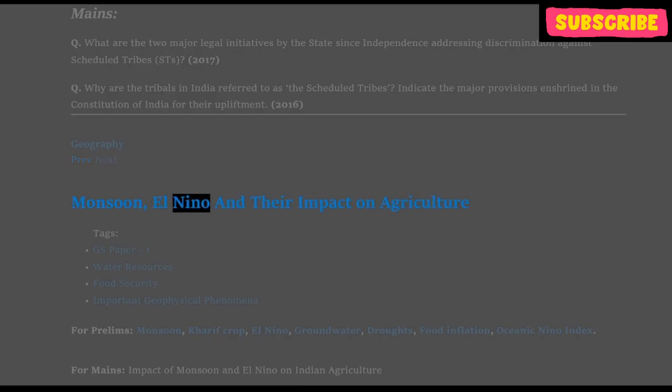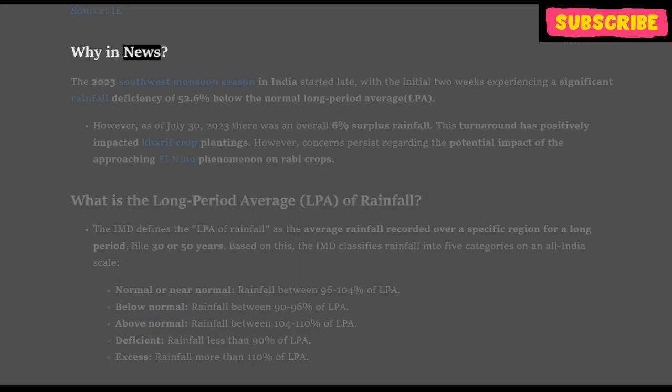Monsoon, El Nino and their impact on agriculture. Why in news? The 2023 southwest monsoon season in India started late, with the initial 2 weeks experiencing a significant rainfall deficiency of 52.6% below the normal long period average (LPA).